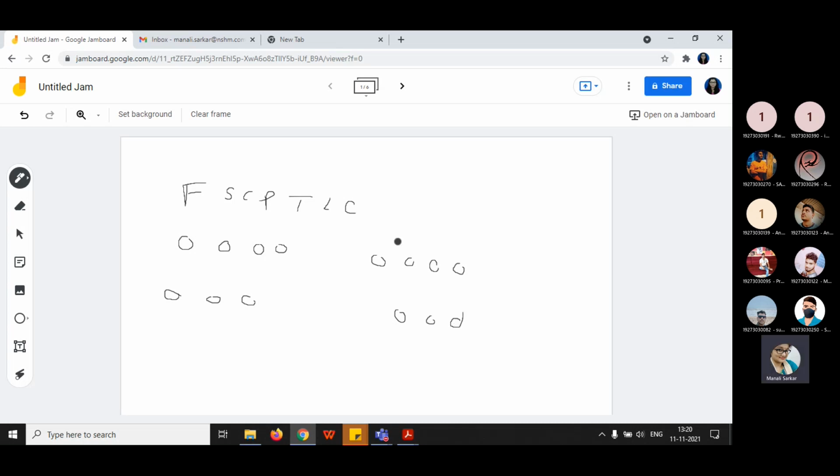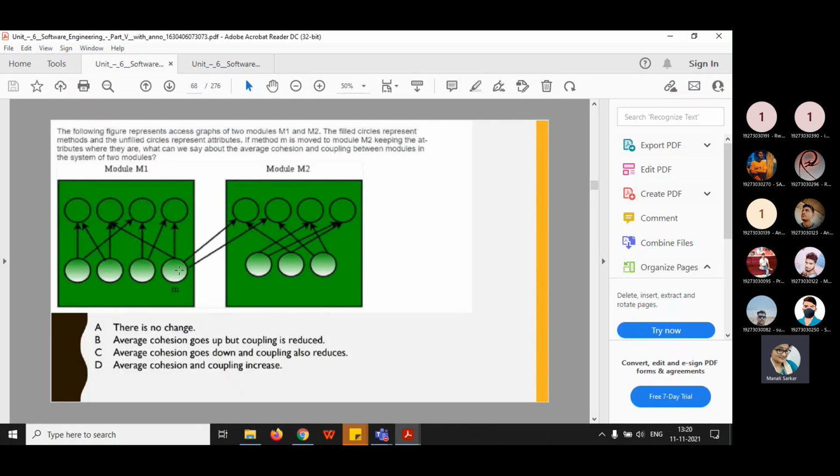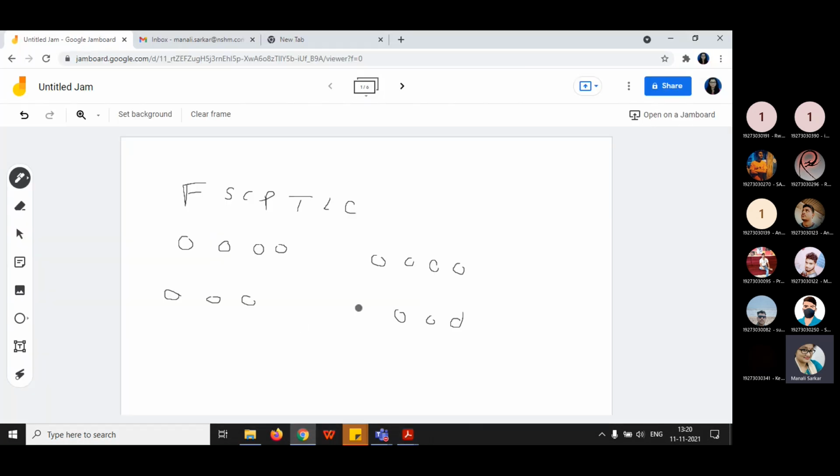There are connections, but I'm not going to draw them. Now this method is moving from module 1 to module 2, so the final diagram will be like this.